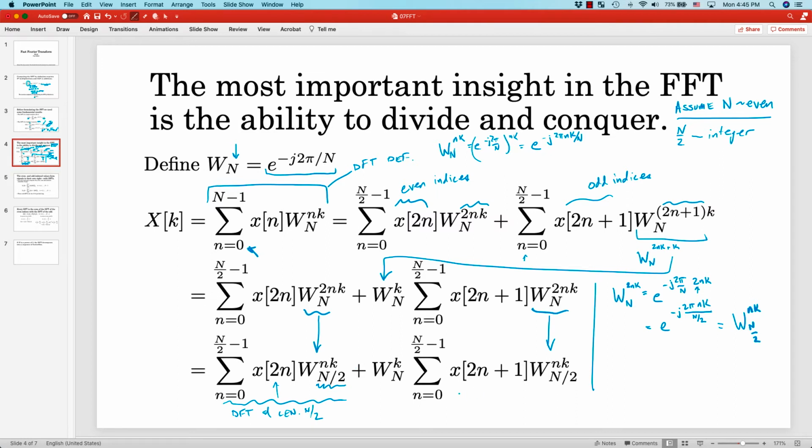And the same thing over here. So this is also a DFT of length N over 2. So this is what I mean by divide and conquer. To get a full length N DFT, you can decompose the problem into two DFTs, each of which are shorter. It seems like we haven't gotten anywhere, but this will actually lead to an efficiency in computation.